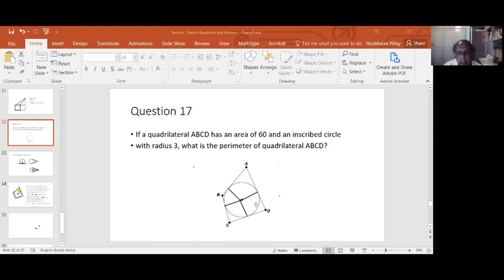All these are radii, and we know that the radius is 3, so I can write down 3 here, 3 there, and 3 there. And these are all 90 degrees.